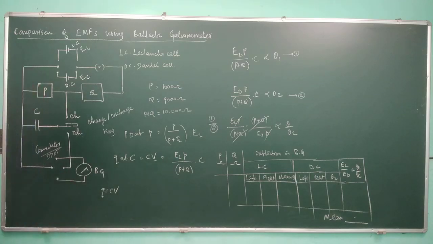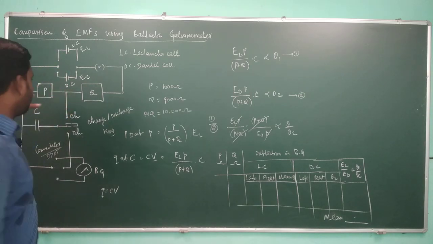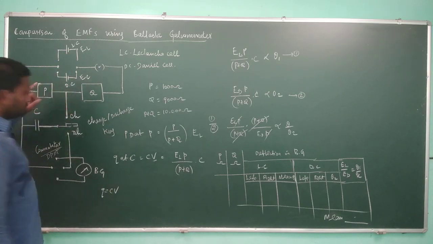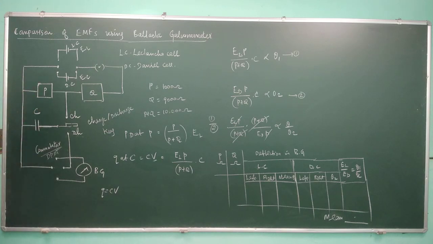Now we are connecting one battery, for example Lagrange cell, so that a potential difference is created across the resistance P, and that potential difference is allowed to pass through the capacitor. In parallel connections the voltage is equal, so whatever the voltage here will flow through the capacitor, which makes the capacitor get charged.